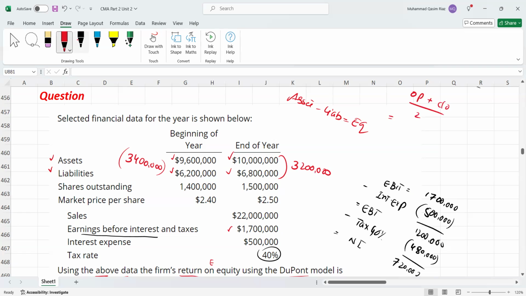Opening is 3.4 million and closing is 3.2 million, divided by 2. Sorry, I had the wrong value.